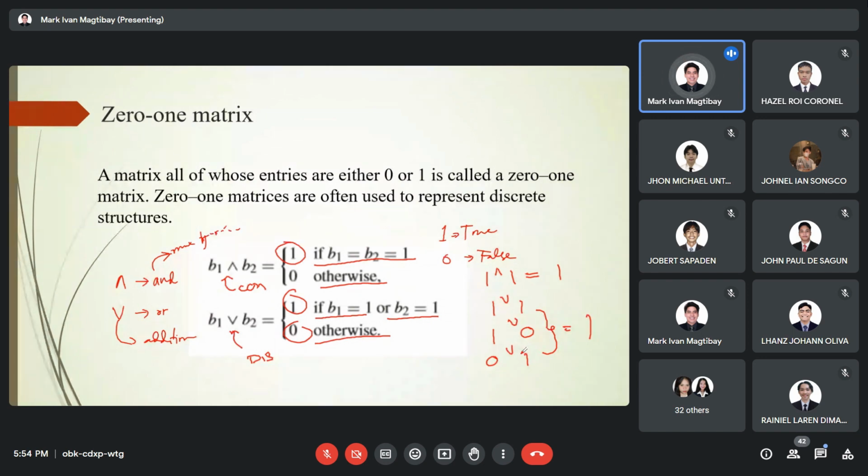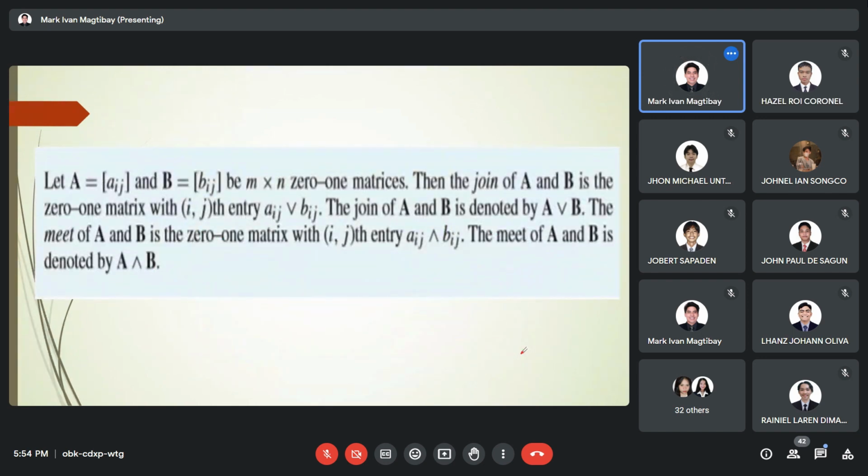Okay, so paano po natin magagamit po yan? Ang kailangan lang po natin tandaan dito is yung mga terms na join and meet po. Pag sinabi po natin join, nakita niyo po sa tanong, meaning to say, ang gagamitin po natin is disjunction ng A and B po.